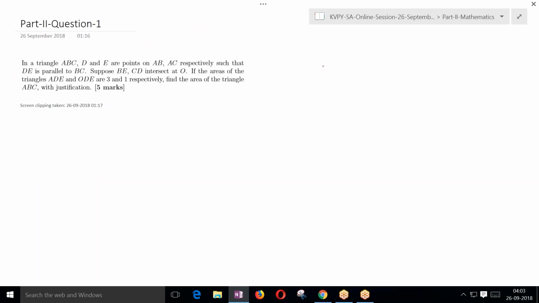So let's first draw the triangle. Suppose this is A, this is B, and this is C. D and E are points on AB and AC respectively.